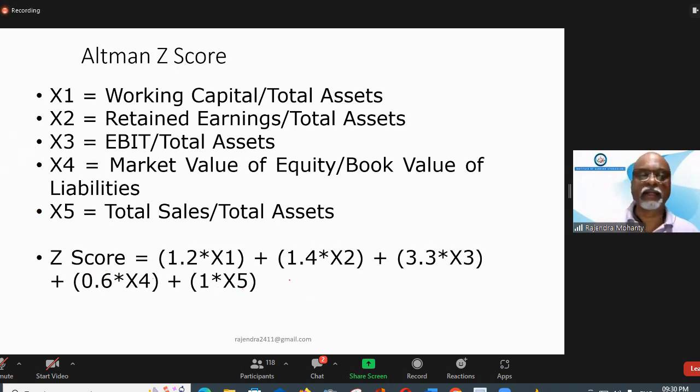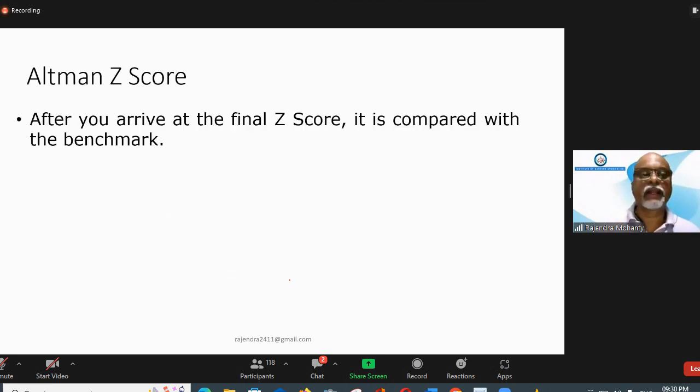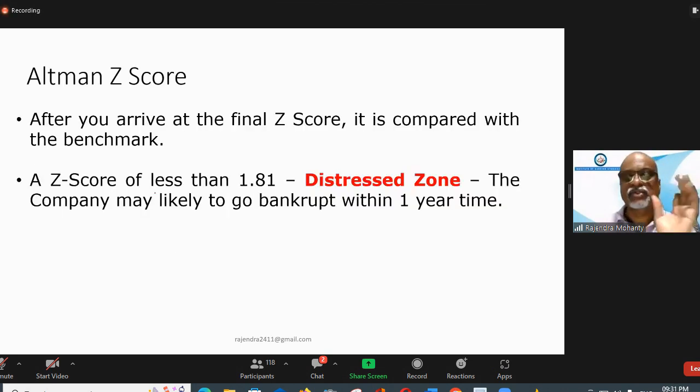And according to that, what Altman has told is the score you get. If your Z score is less than 1.81, then it is in the distress zone.